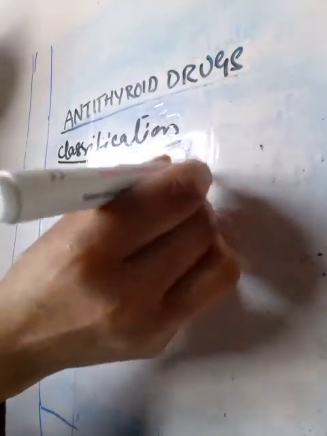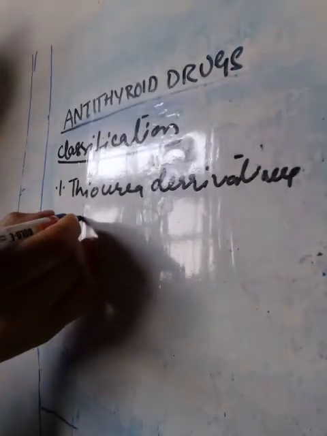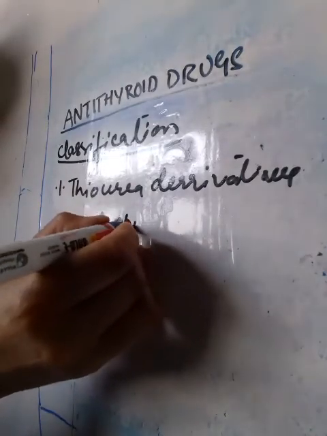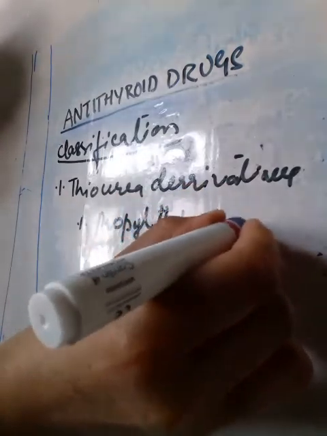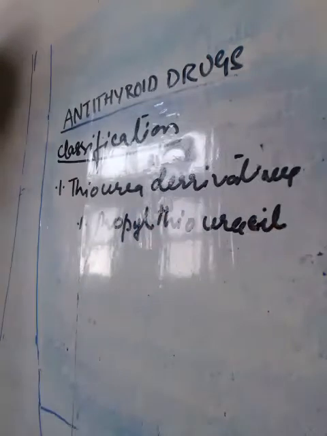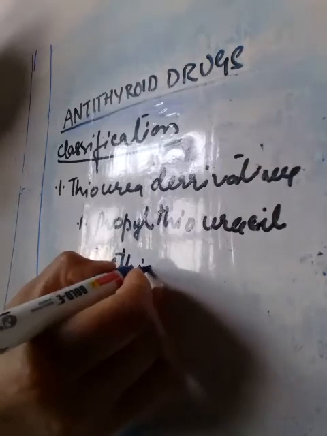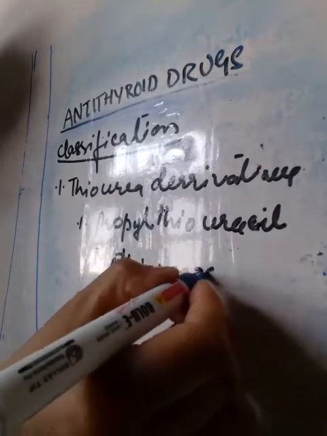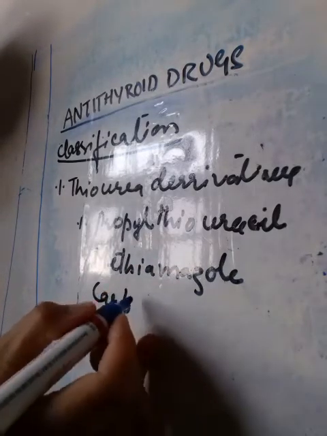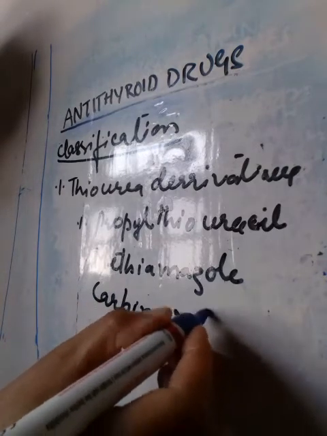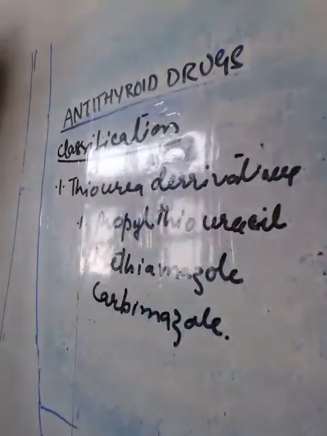In this category, we have drugs like propylthiouracil, next is methimazole, next is carbimazole. These three drugs come under the category thiourea derivatives.